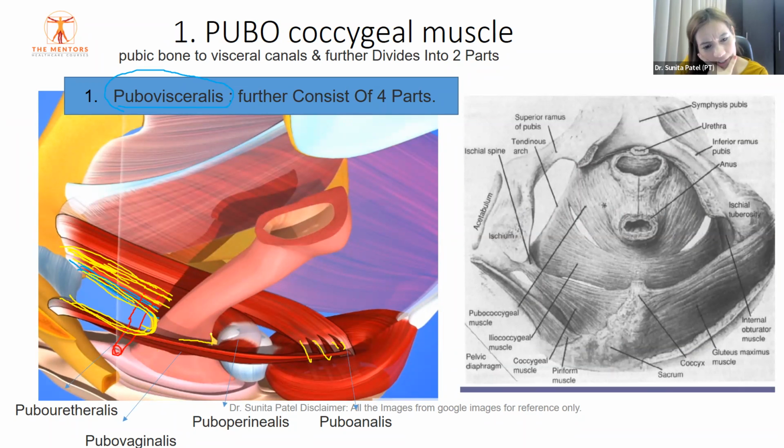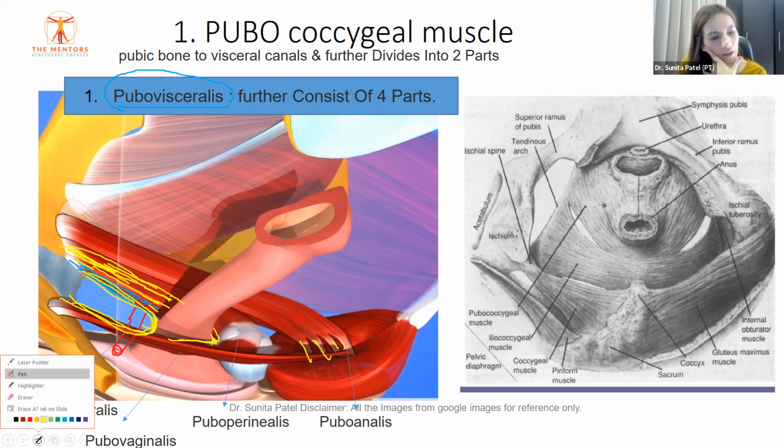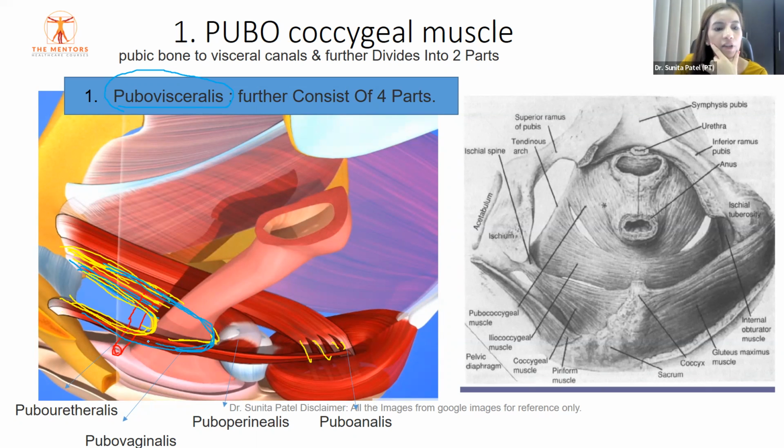They will encircle the vagina, these fibers, and again left with the right, they will merge with each other around the vagina, and they will become pubovaginalis.